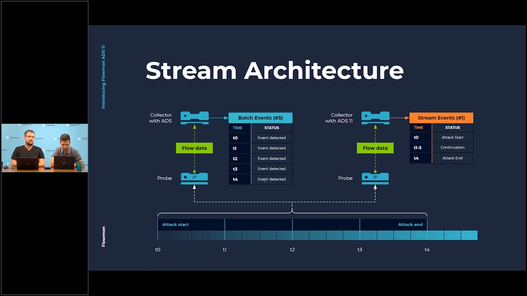And we have one question. ADS now will be working only with probe? No. This is what Artem mentioned previously, that we use different types of data, and we also use different sources of flow data.